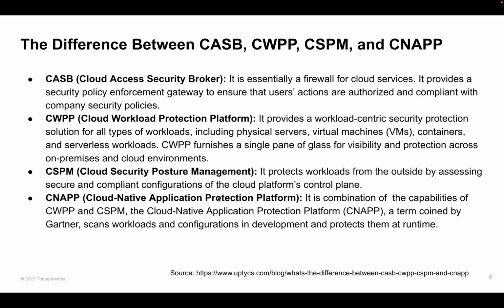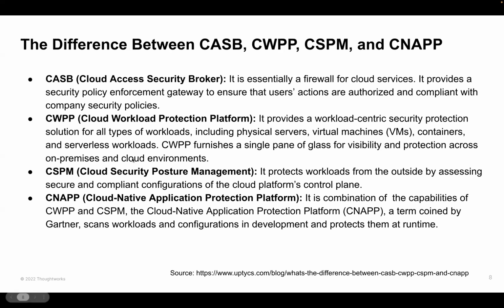Okay. So now there are many tools available in the marketplace, and a couple of them are CASB, CWPP, CSPM, and CNAPP. So what is the difference between them? The CASB is essentially a firewall for cloud services.